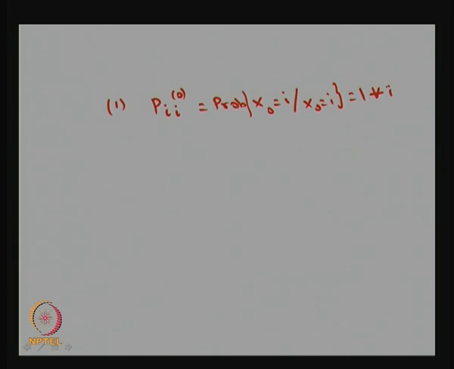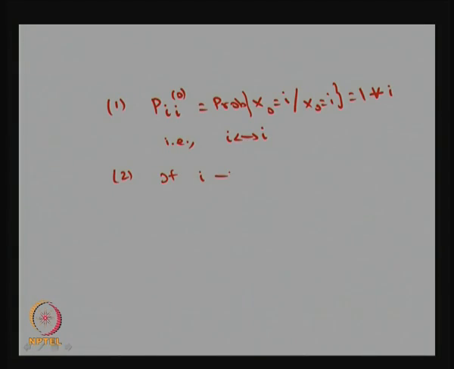In notation, i communicates with i itself. The second property: if state i communicates with the state j, then the state j communicates with the state i also. That means it is a symmetric property.